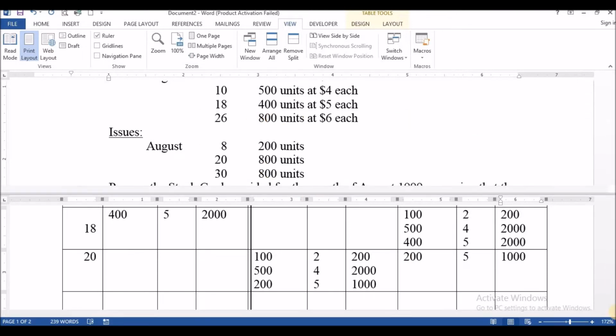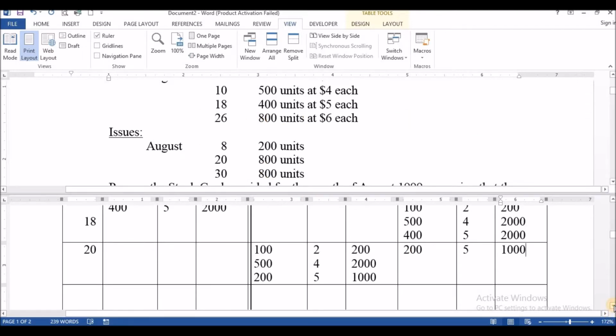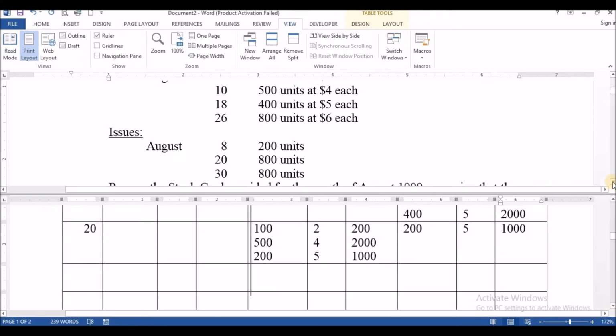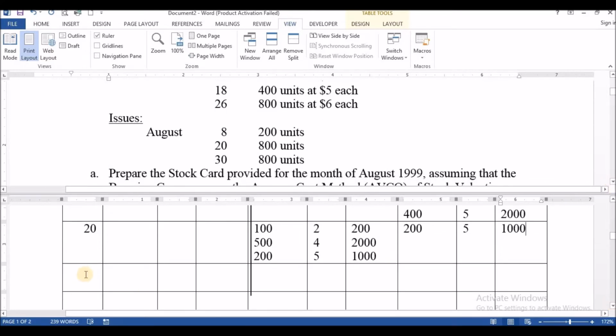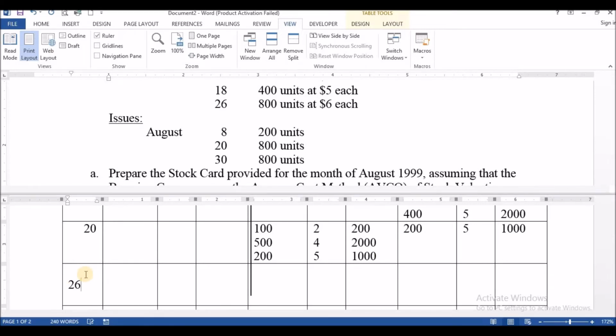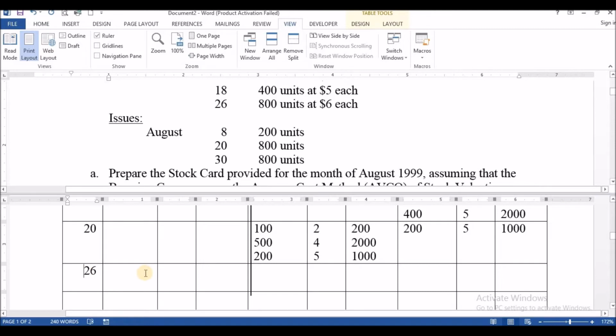So on the 26th, we purchased 800 units, so we're going to have 800 at $6. 8 6's are 48, so that's $4,800.